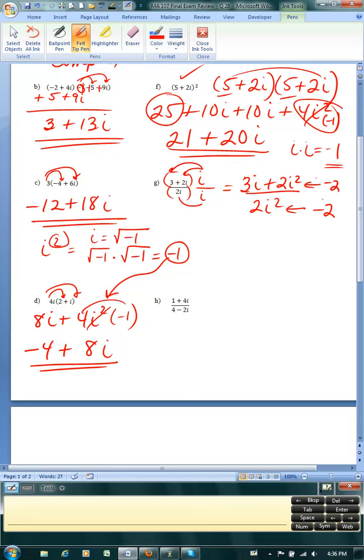We need to rearrange these so that the real number is in front and divide them both separately. So we have in the numerator negative 2 plus 3i. Each of these are being divided by negative 2. I am left then with a reduced 1 minus 3i over 2. So divide them both separately.